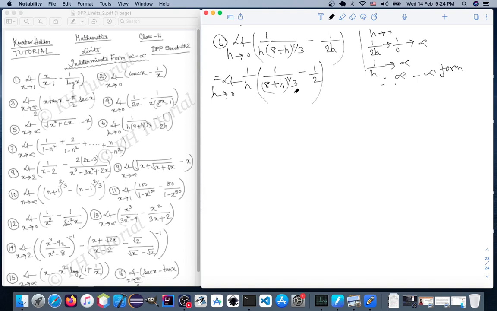Okay, so let's simplify this further. This is 2 minus 8 plus h to the power 1 by 3.